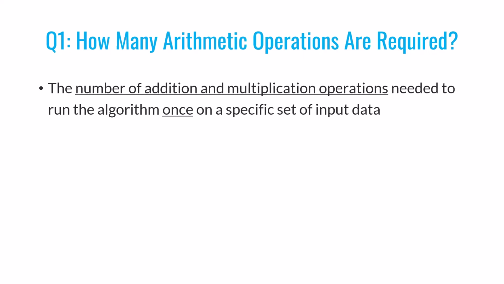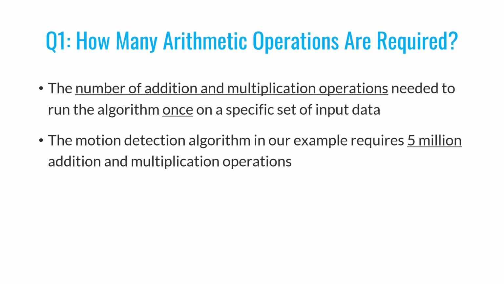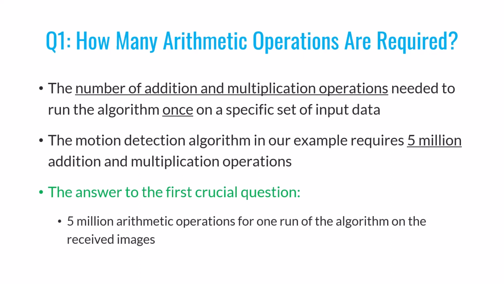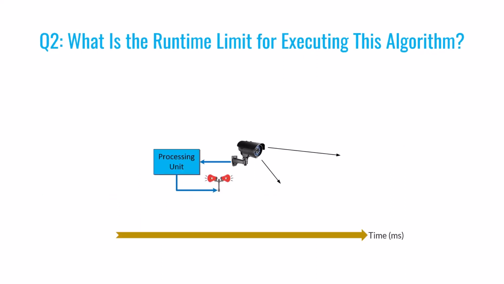For simplicity, let's assume that the motion detection algorithm in our example requires 5 million addition and multiplication operations. So the answer to the first crucial question is 5 million arithmetic operations for one run of the algorithm on the received images. Now let's tackle the second critical question.